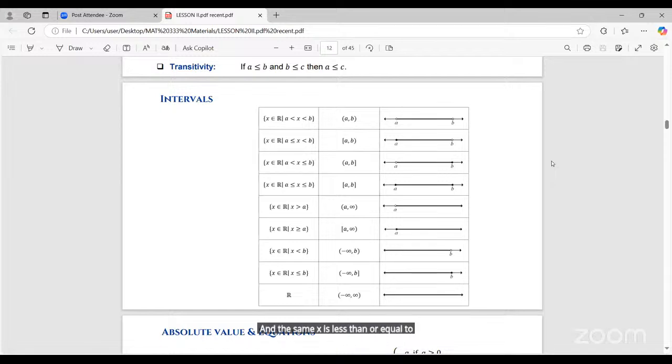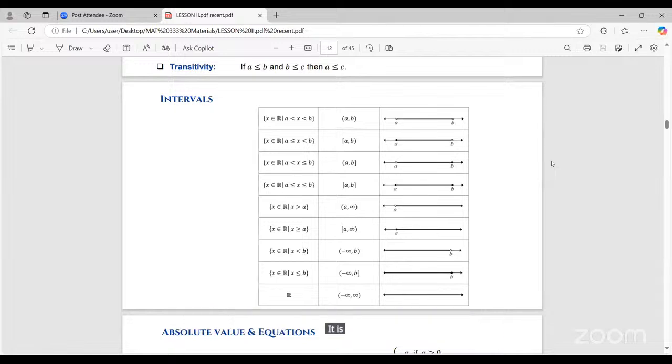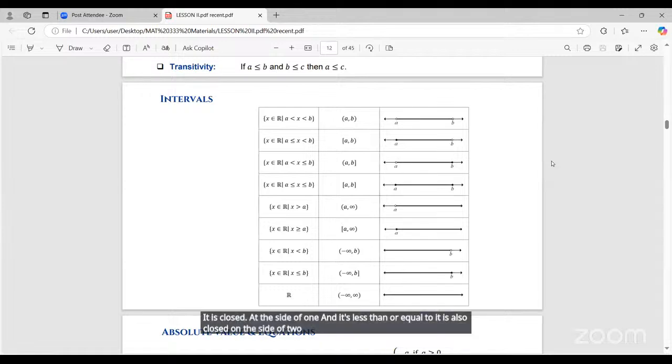When it's greater than or equal to 1, it means that it is closed at the side of 1, and it's less than or equal to 2, so it is also closed on the side of 2. This implies that 1 and 2 are elements inside that interval.